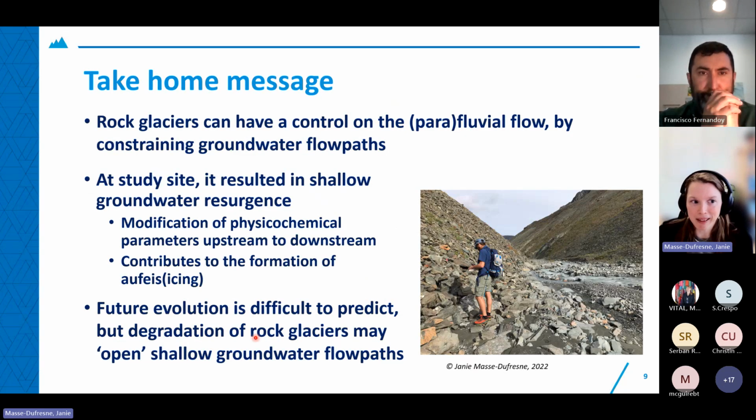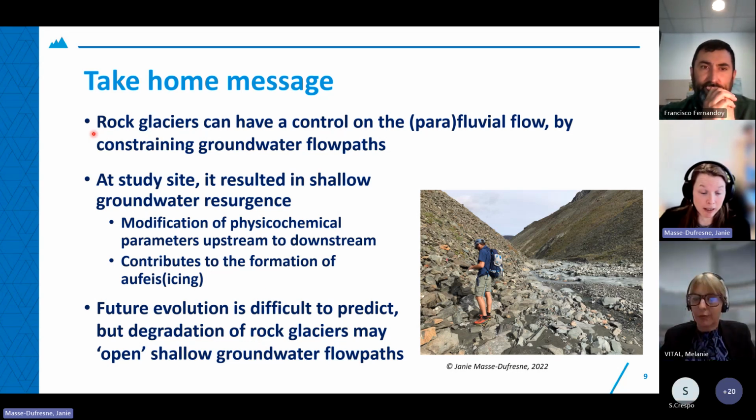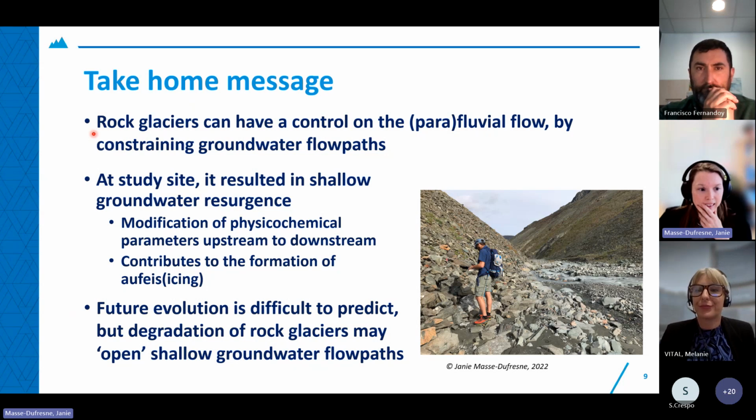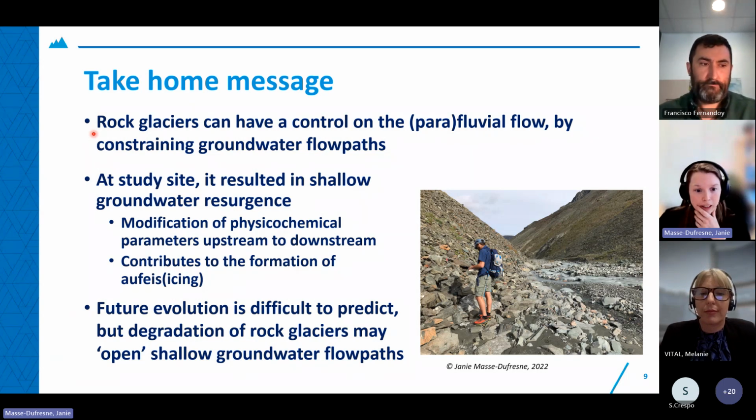So a small take-home message, what we can learn from this kind of approach. We've been understanding that rock glaciers, like the one that we see, can have a control on the flow, on the parafluvial flow, and constrain groundwater flow paths. And so at the steady state, it resulted in shallow groundwater resurgence with some modification of the physical chemical parameters upstream and downstream, and it also contributes to the formation of the icing.